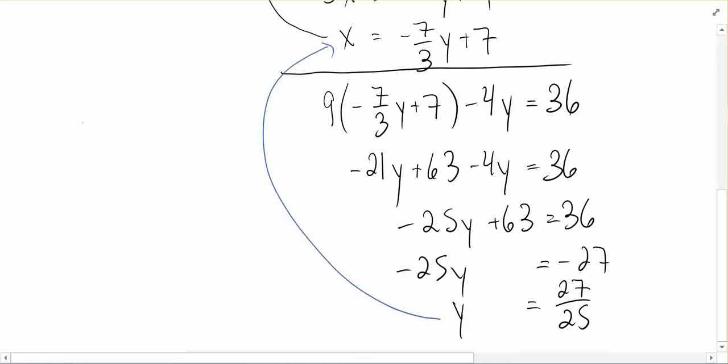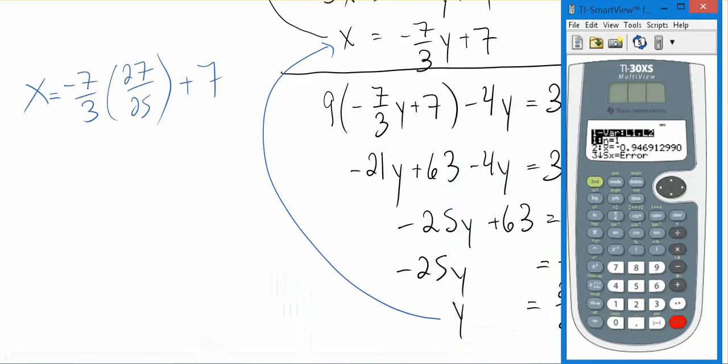We could continue this problem out now and try to solve for the x by plugging back in to this equation where we had x equals negative 7/3 times our value of y, which is 27/25, plus 7. Now, we're getting kind of ugly here, so I would use my calculator if I were you.